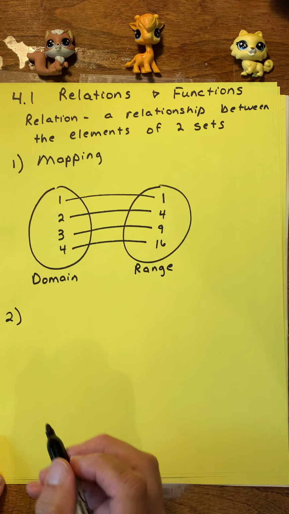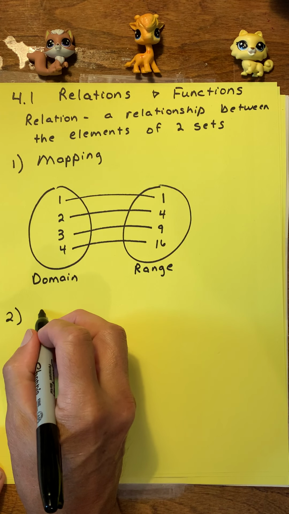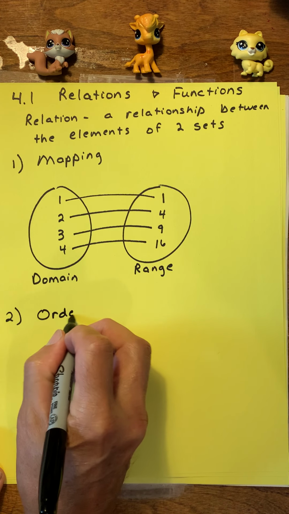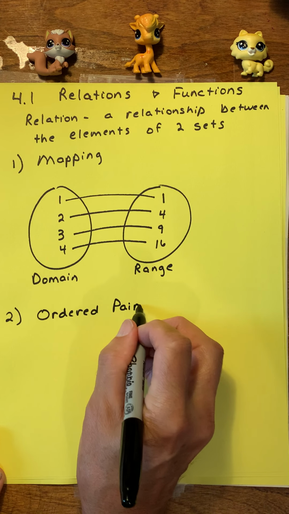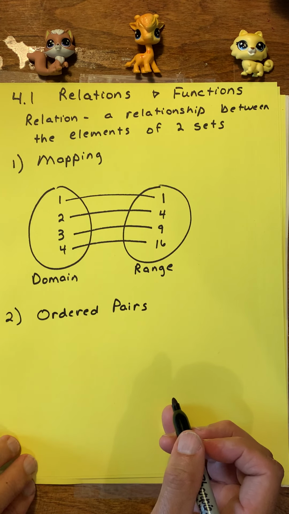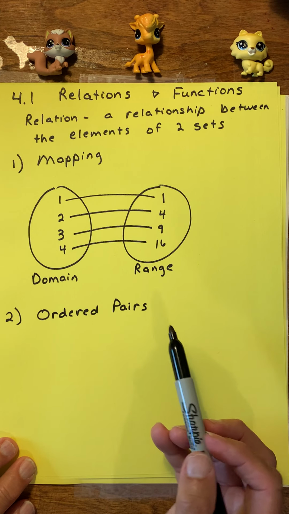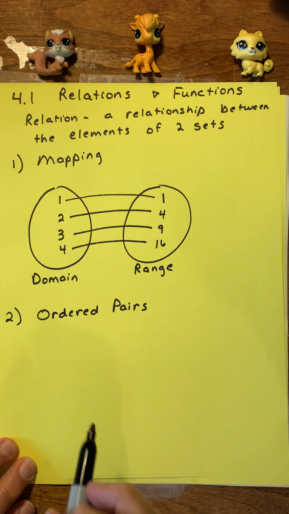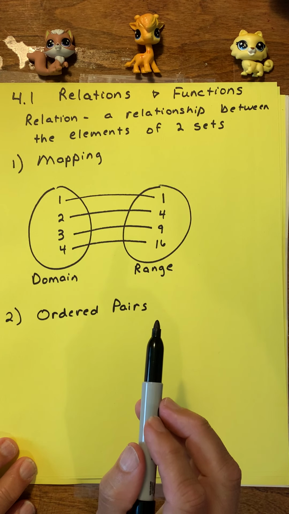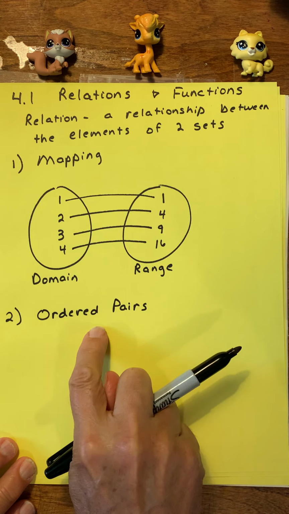Second way to indicate a relation is simply a group of ordered pairs. Now, if you'll notice, I have ordered pairs designated by this mapping. I can show the same relation, not with a mapping, but with ordered pairs.